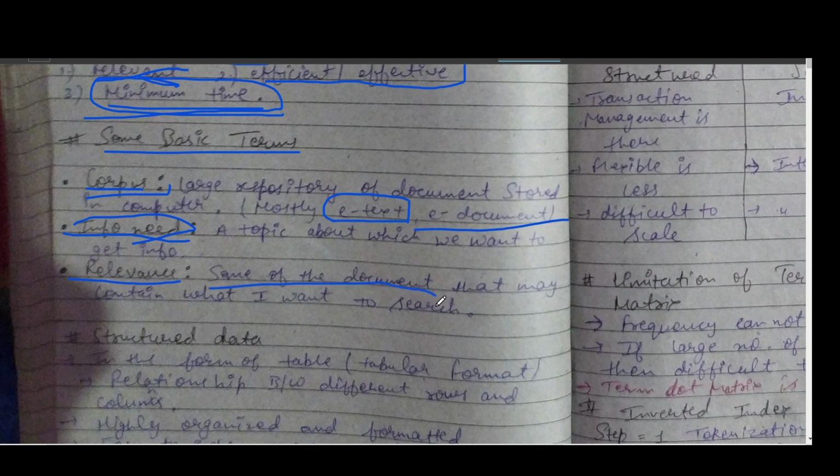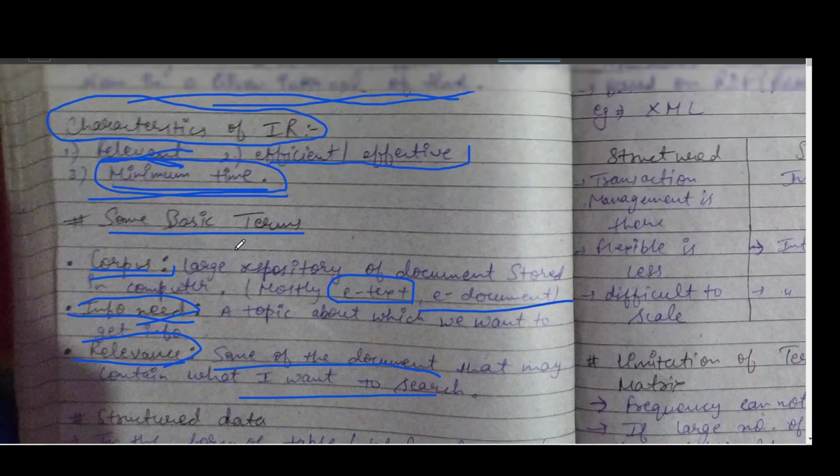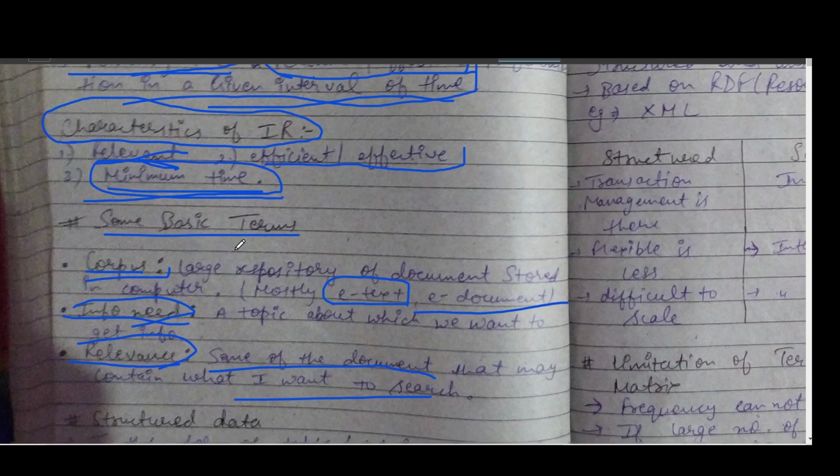Some of those documents may contain what you want to search. Then you can say these documents are relevant documents, because the information which you want to search is contained in the documents. So this is relevance. So these are the information retrieval characteristics and some basic terms.